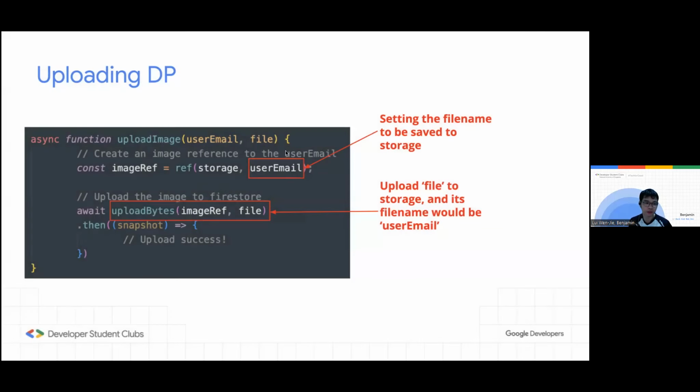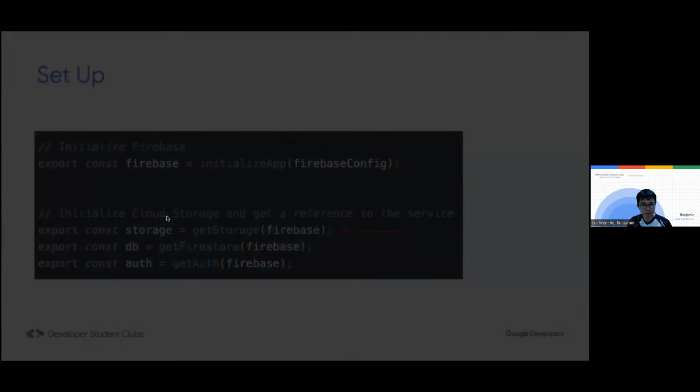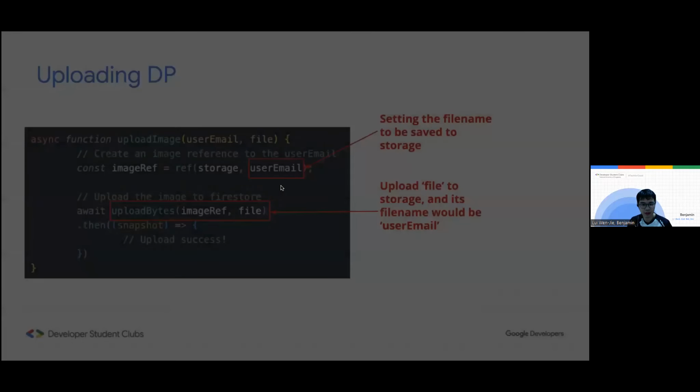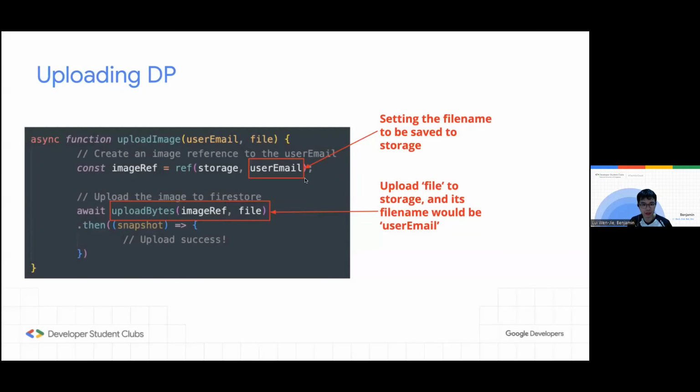So now, how do we upload a profile picture? Firstly, we always have to create a reference to the storage. Also, since we are creating a file, we want to set the name of the file over here. As you can see here, backendtest@gmail.com, this email is set here as the user email.